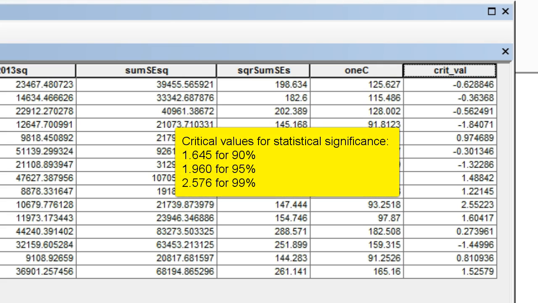If we wanted to have 90% confidence that there's a significant difference, any of the numbers here that has an absolute value greater than 1.645 would satisfy that criterion. If we wanted to work at the 95% confidence level, it would be 1.96, and if we wanted to be 99% confident, then it would have to be greater than 2.576.